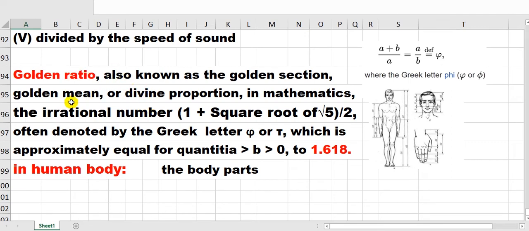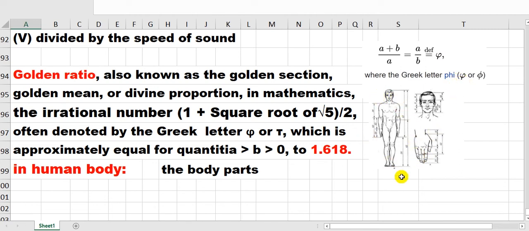This golden ratio is satisfied if A plus B, two variables, divided by A equals A over B, equals phi, not pi, phi, PHI. Okay, phi.